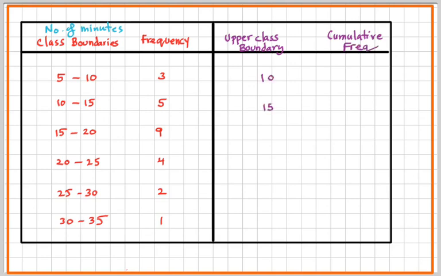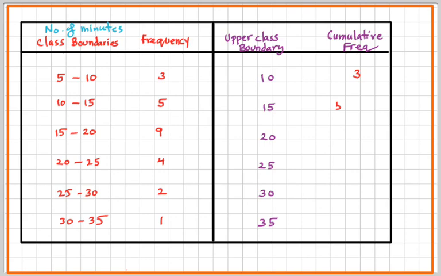Now the upper class boundaries are such. For the very first upper class boundary, the value is 3. What does this 3 mean? This 3 means that there are 3 people who are taking less than 10 minutes in order to reach school.